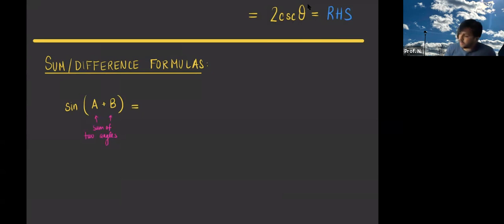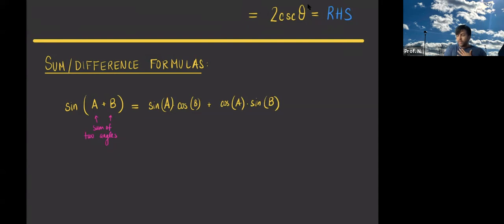So the formula is the following: sine of the angle A multiplied by cosine of the angle B. Then I'm adding that to cosine of the angle A times sine of the angle B. So this is the sum formula for sine, and it is what it is.